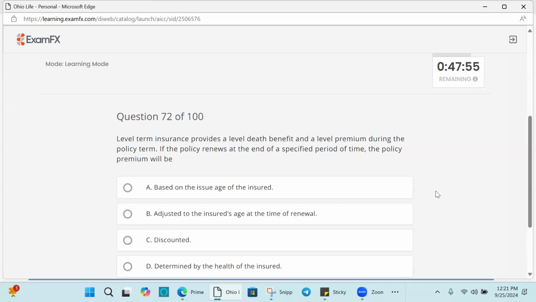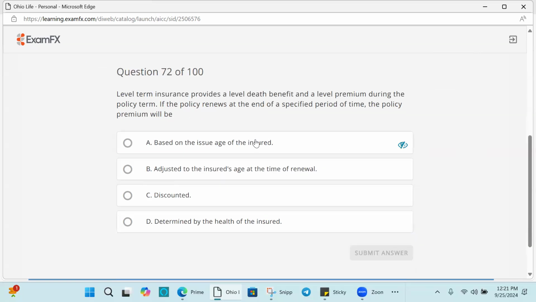Level term insurance provides a level death benefit and level premium during the policy term. If the policy renews at the end of the specified period, the premium will be based on the insured's age at the time of renewal.